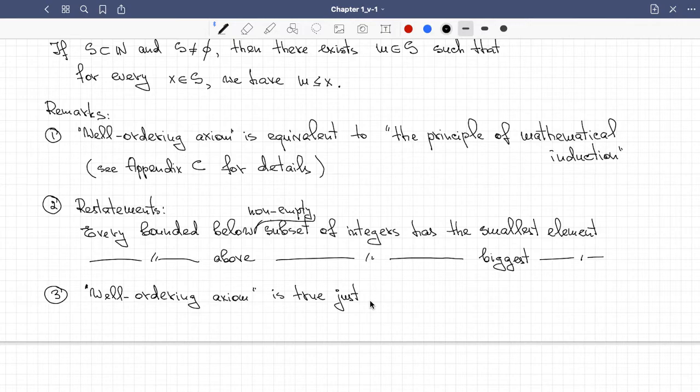Or maybe it is true for something else as well, just not for everything.